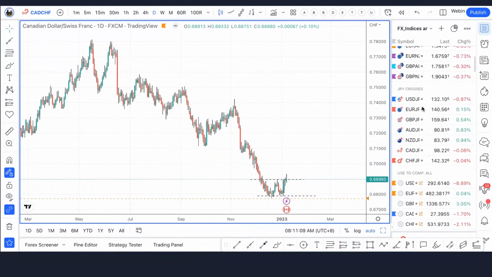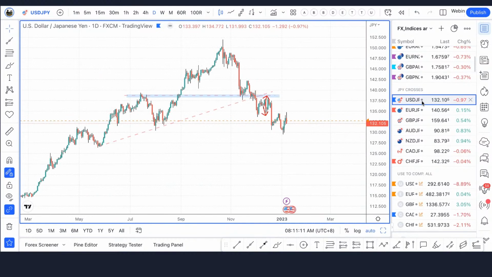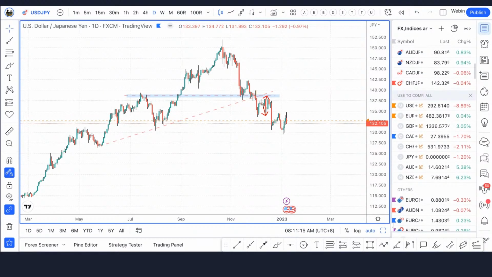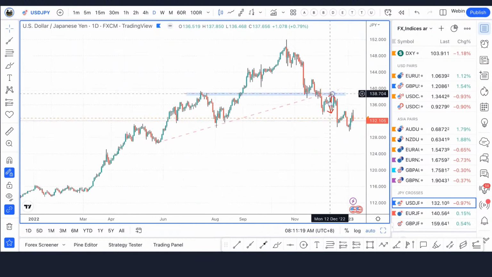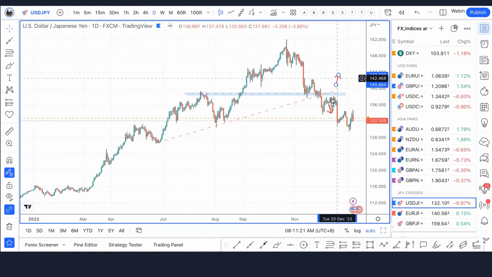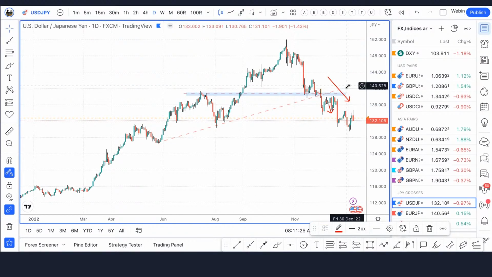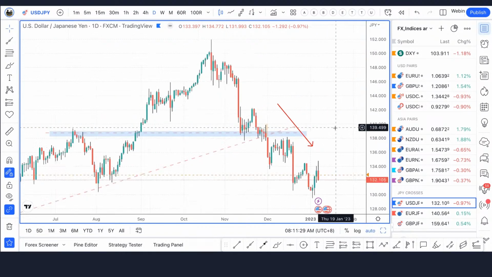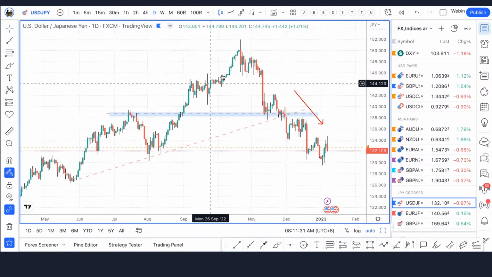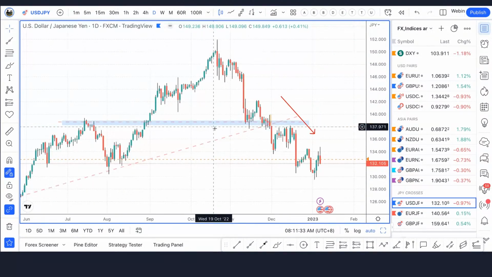I also shared my trading idea on this US dollar yen, and you can take a look. My bias on this is that I would say yen to continue strengthening. That means I should be looking for shorts on US dollar yen on the lower time frame.